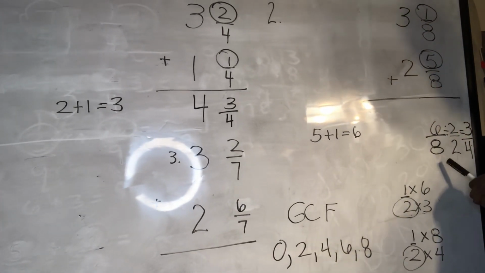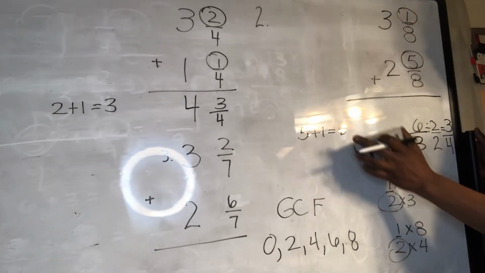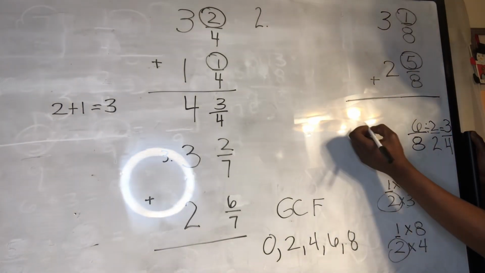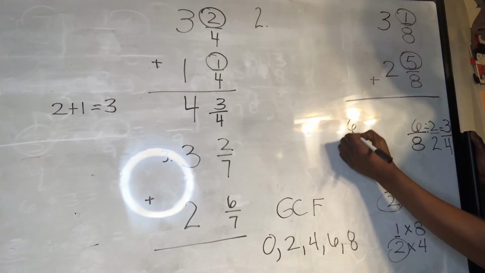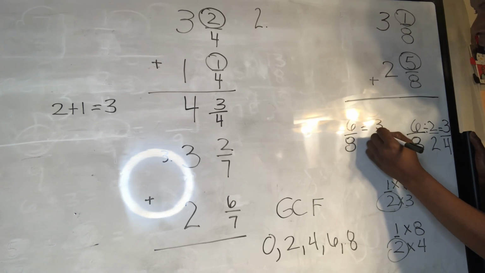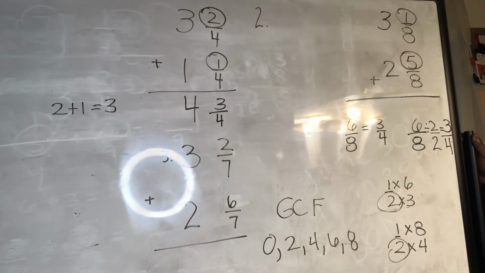So that's what our answer needs to have. We need to have 6 over 8. Let me write this so it doesn't confuse you. I'm going to move our sentence here. And I'm going to write what needs to say on your paper. 6 over 8 equals 3 over 4. But we have to also get our whole number to add to that.